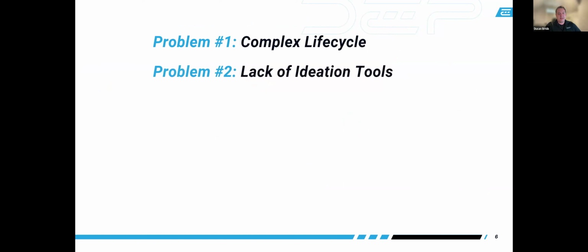So let's summarize this quickly. The reason that it takes several years to design a microgrid is, yes, there are huge knowledge gaps in industry, but the life cycle is extremely complex, right? There's a lack of ideation tools where you can collaboratively design microgrids. Products are homeless.